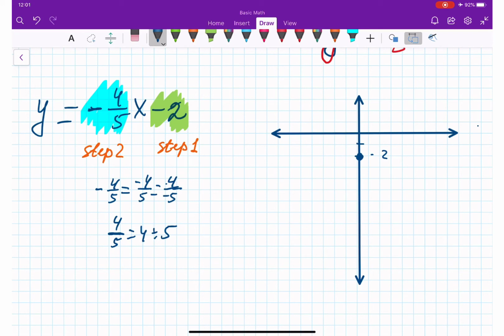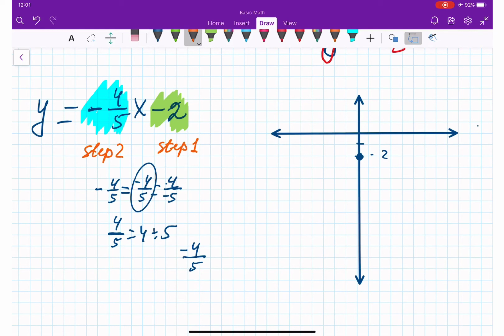All right, so I have negative 2. Now I'm taking negative 4 over 5. Why am I taking this? Because if I take 4 over negative 5, I have to go 4 up, and I didn't leave space there. Now, what does negative 4 over 5 mean?